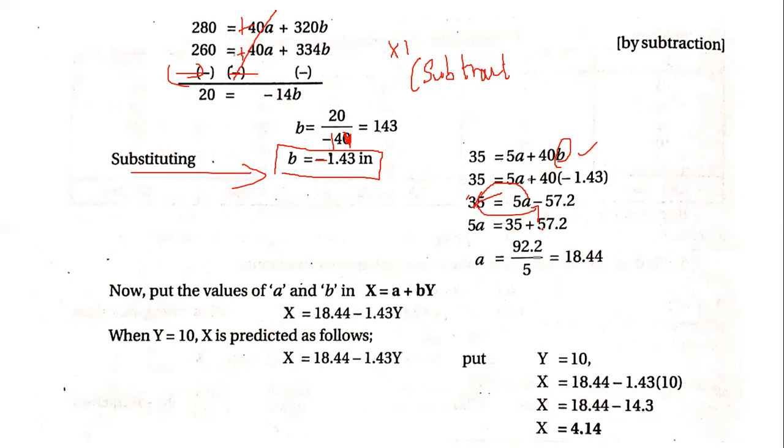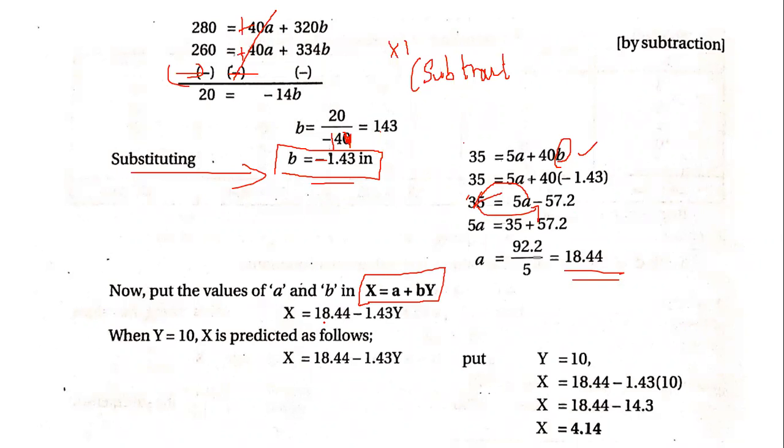You get 92.2, and divide it by 5, you get 18.44. So the value of b is minus 1.43 and the value of a is 18.44. Now let us put this into the regression equation, that is x is equal to a plus by.